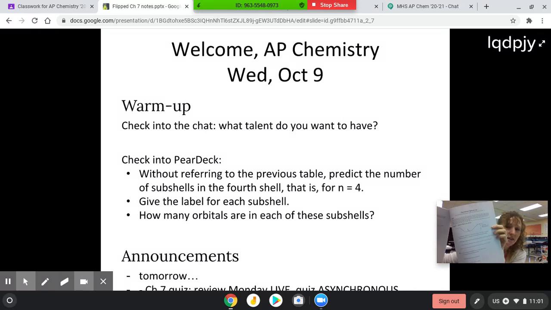So what this packet talks about is a type of analysis that allows us to determine the, oh my gosh, what's the word I'm looking for? Not the orbital diagram. Basically the orbital diagram. The electron configuration.